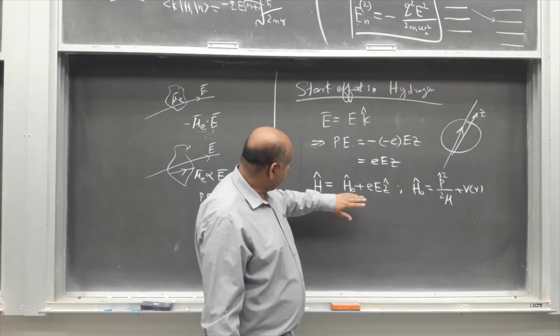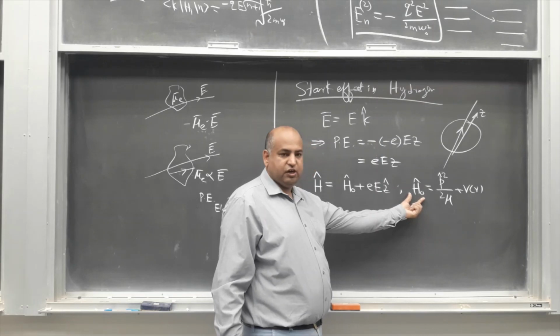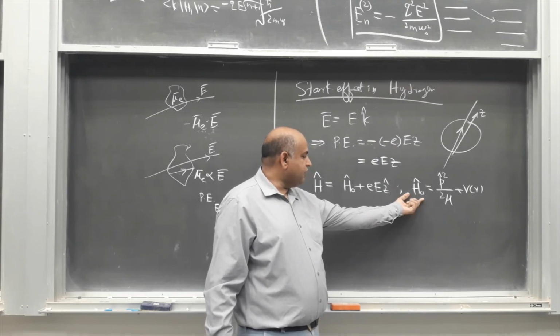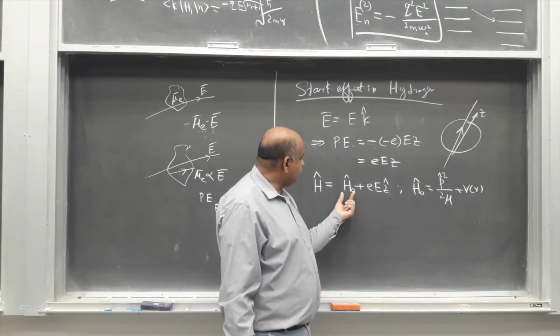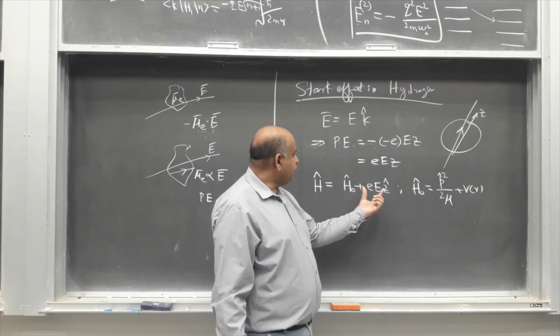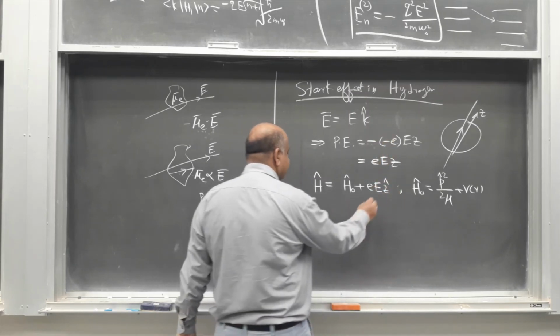And since we don't need to worry about that, we have already solved our system for H0, and we know the eigenfunctions and eigenenergies of this H0 operator. All we now need to do is find the corrections to these energies once we turn on the external electric field, which is given by this perturbation term H1.